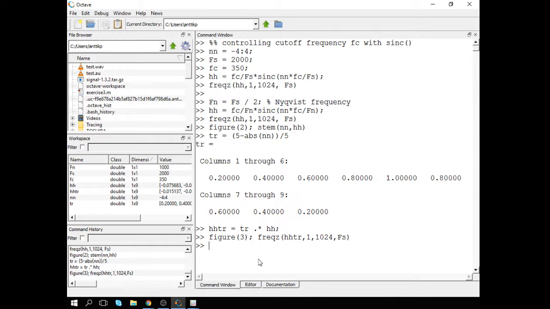Okay, so n equals from -20 to 20, and that should improve the transition bandwidth by a factor of 5.